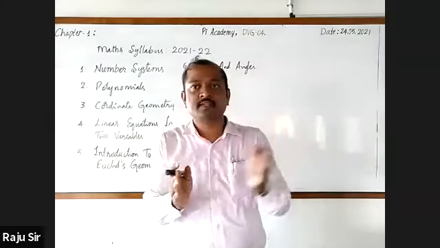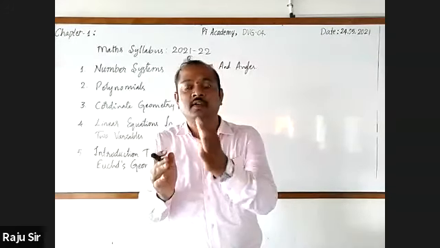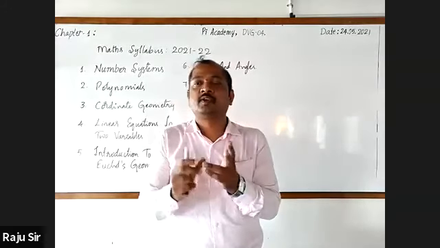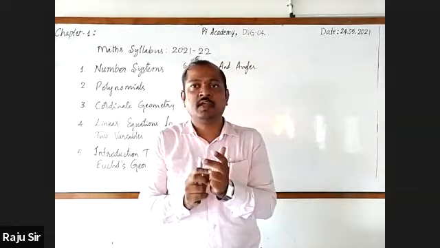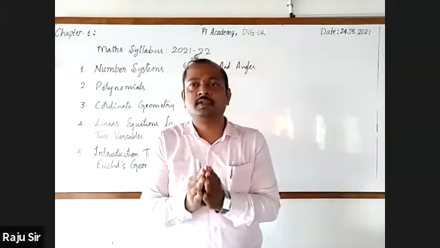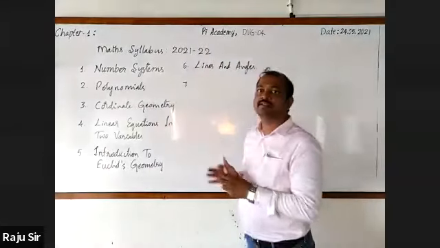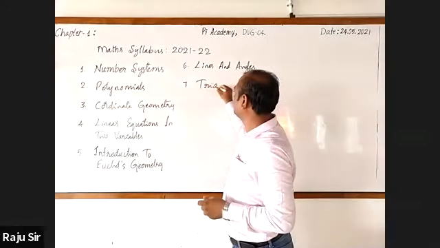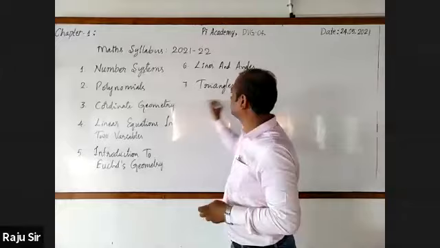Yes. Triangle. Very good. Triangles. You have learned about triangles in your previous classes, about different types and congruency, right? Again, those are going to be learned in detail in the chapter called Triangles.